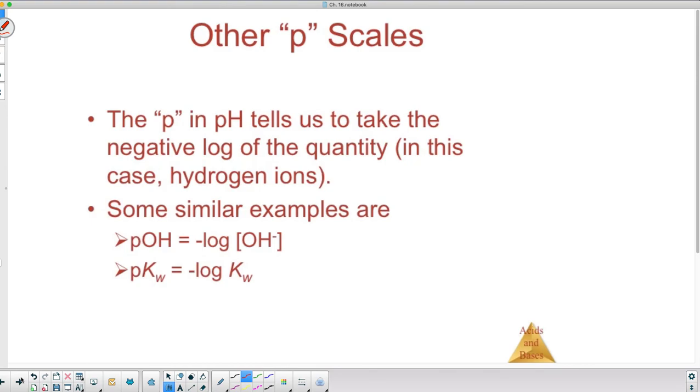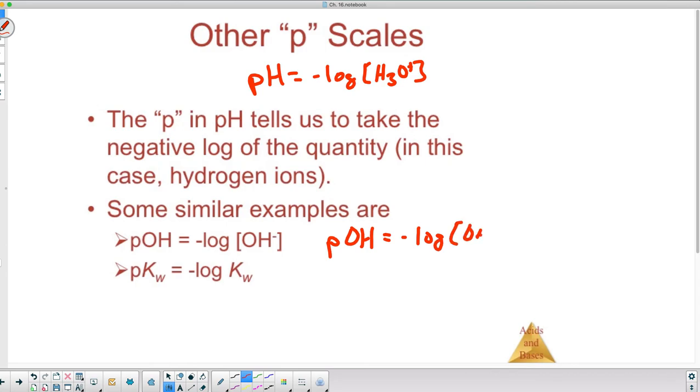Moving on, the other P scales. Well, if you can get pH equals the negative log of the hydronium ion concentration, then of course you could do a pOH. That measures the negative log of the hydroxide ion concentration. Now here's the cool part about that. pKw equals the negative log of Kw.